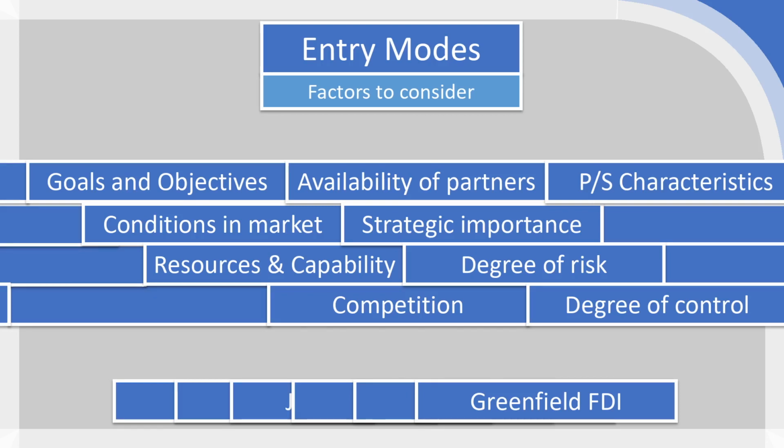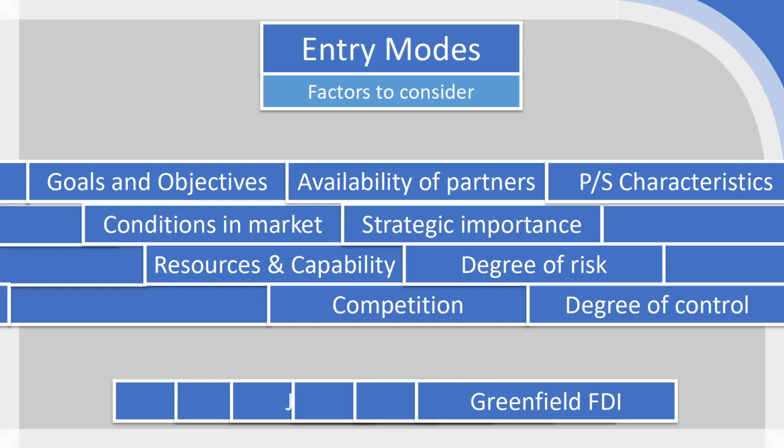So how they fundamentally operate in other international markets, if this isn't their first foreign market that they're entering. The availability of partners to consider things like joint ventures and exporting. The conditions in the market itself are obviously very important. So the way the competitive environment in the market itself is arranged may significantly impact decisions such as adding new capacity through FDI or going in through acquisitions, the resources and capability of the organization, the strategic importance of the market that is being entered.